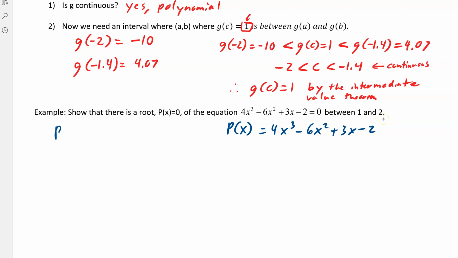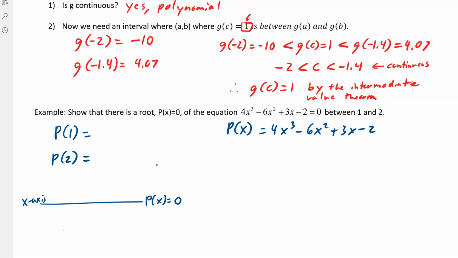So if we plug in p of 1 and we plug in p of 2, in order to get a 0, that means we need a negative and a positive. So think about it. If we want to show that our polynomial is equal to 0, that would mean that we are on the x-axis.